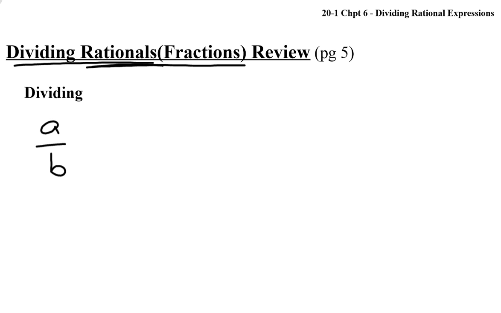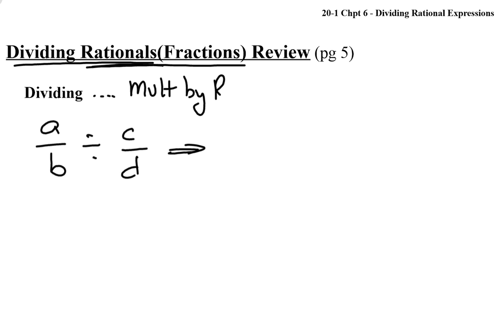Remember, if we have fractions that are being divided, we don't actually divide fractions. What do we want to do? We want to multiply by the reciprocal. Our first rational stays as is, but here's the big change.